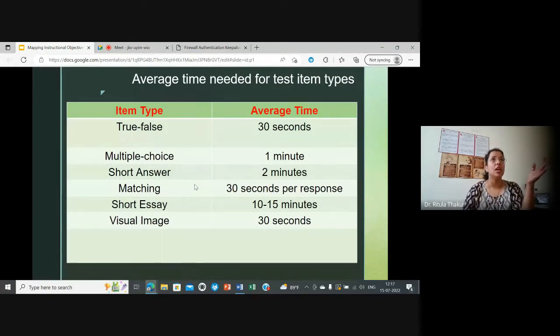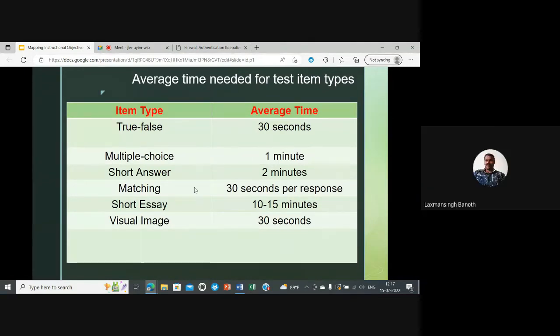It shouldn't happen that in a 3 hour paper, the student is able to finish in, let's say, 1 hour itself, and then he's sitting idle. Similarly, it shouldn't happen that you have made it so lengthy that in the end, the student is not able to finish. It used to happen that we used to say, "I could not complete it. The last question, I could not attempt."